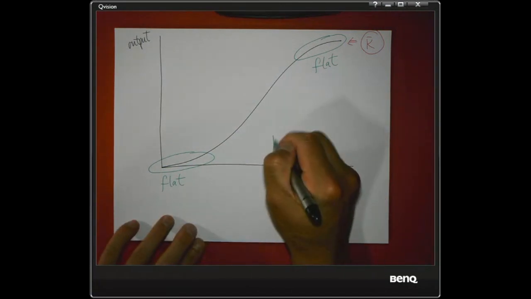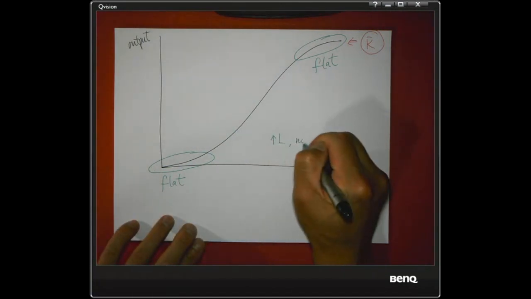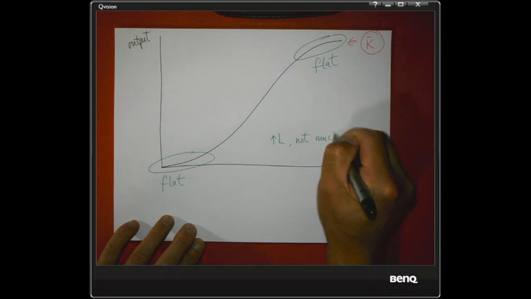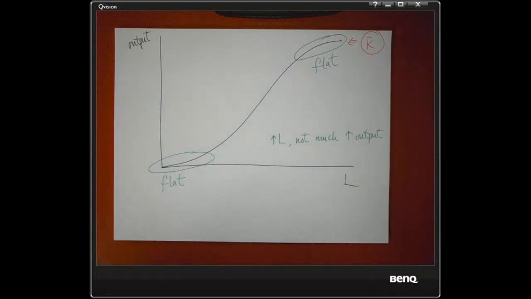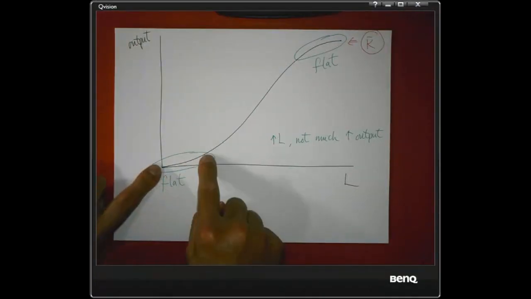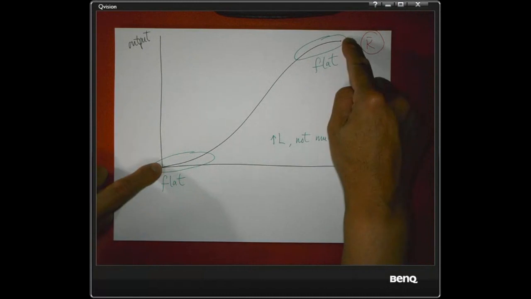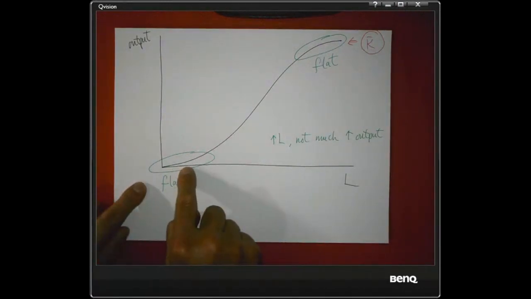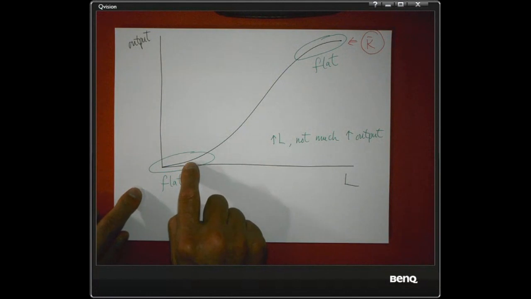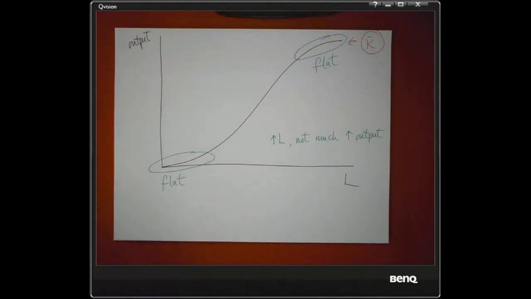That means increased labor input, not much increase in output. It is flat in the beginning, it is flat at the top. That is, when you increase more labor input, the increase in output is not that much. Now, why is that the case?